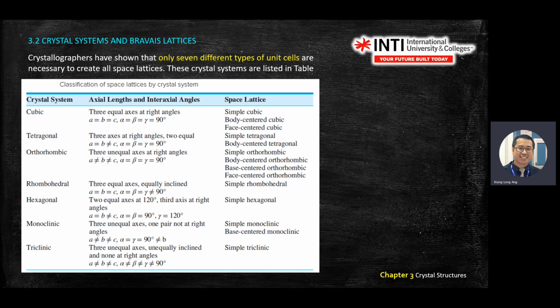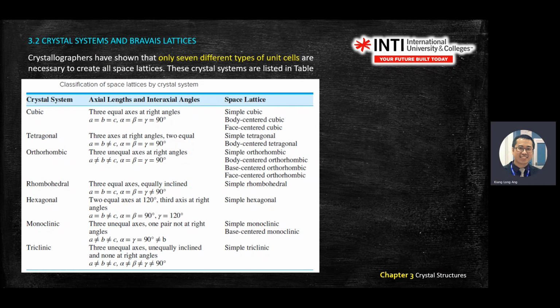Then later we will learn body-centered cubic and face-centered cubic. The rest are a bit complex, we won't go inside there, unless you are in material science. But for mechanical students, it's important you know what a crystal system is, what affects the crystal system, and how many space lattices you have.